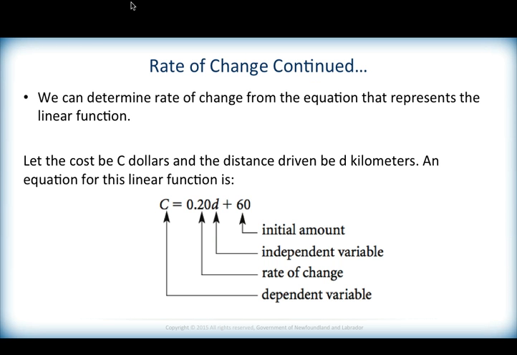The rate of change is 0.20. D is the independent variable, and our initial amount is 60. So the important thing to look at, if we're looking for rate of change, will always be the coefficient attached to the independent variable. So in this case, the 0.20 is the rate of change because it is attached to the independent variable.